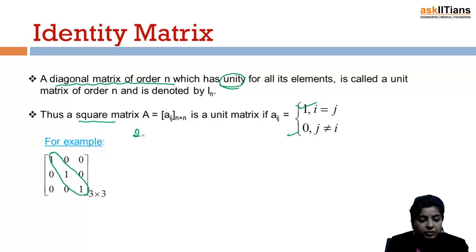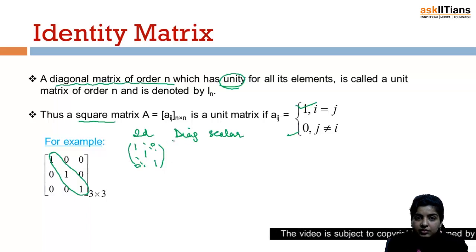So just remember, you should not get confused between identity, diagonal and scalar matrices, right? Because these are a bit confusing because they are a bit same. So identity, just remember, as the name suggests, the diagonal elements have to be 1, rest non-diagonal elements have to be zeros.